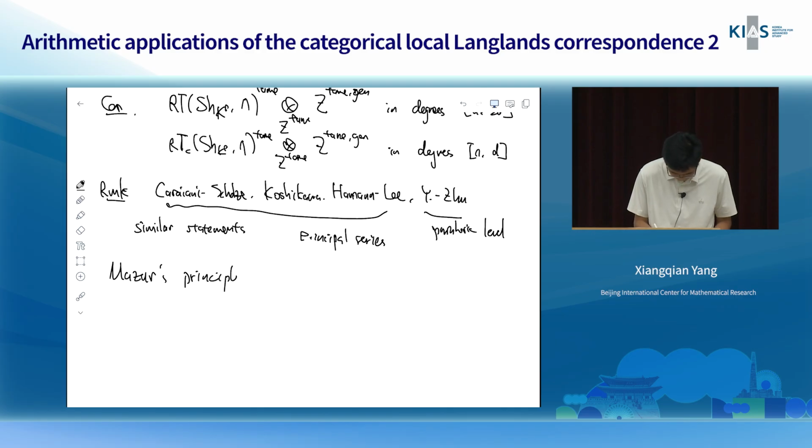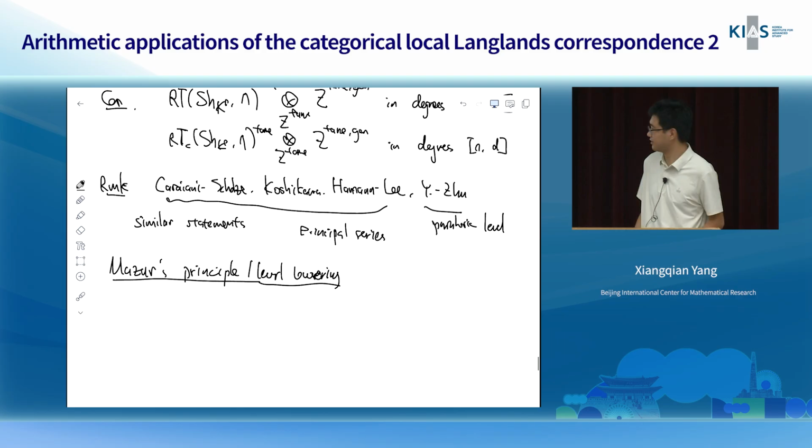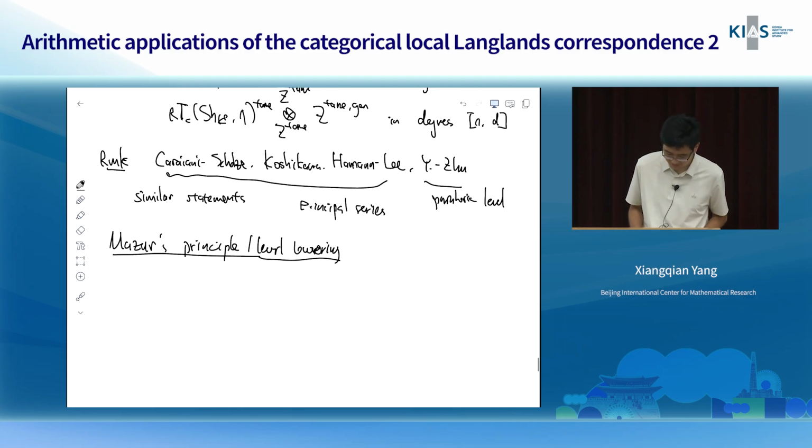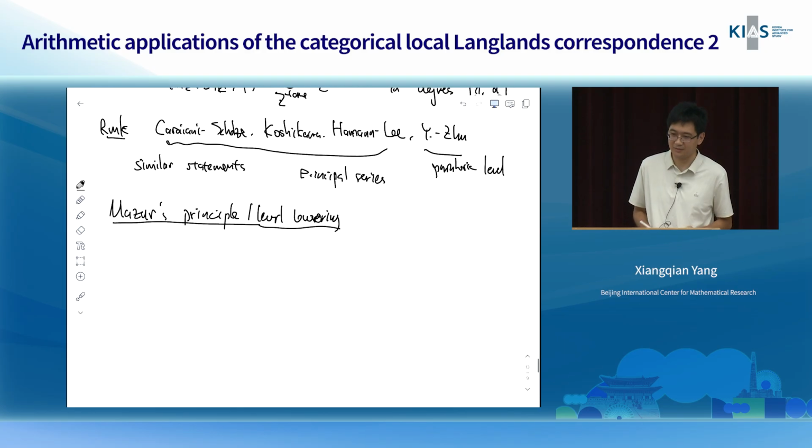This is called Mazur's principle or level lowering. Essentially, this is not a new result, of course. This is proved by Mazur and Ribet 40 years ago.